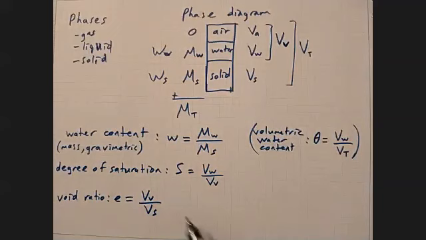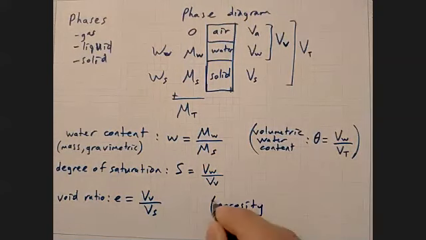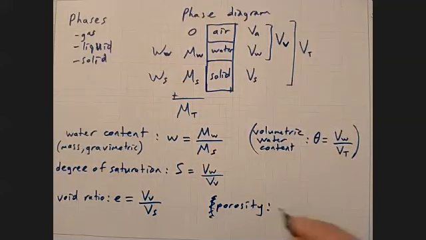And once again, there is an alternate version of it, and that is called porosity. But actually, this time I'm not going to put it in parentheses. You need to know porosity as well because we frequently use both. The void ratio is used only by geotechnical engineers, and porosity is used more widely over other disciplines.